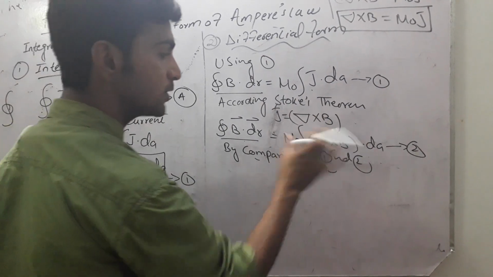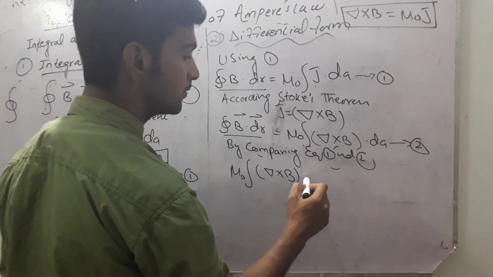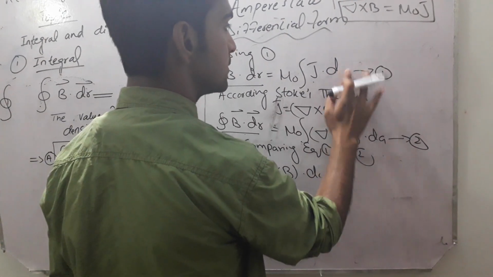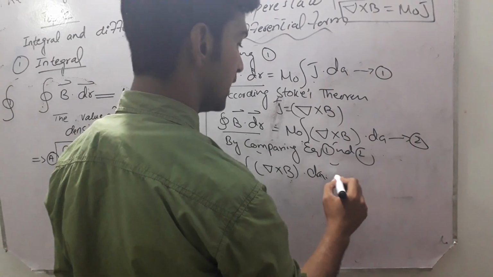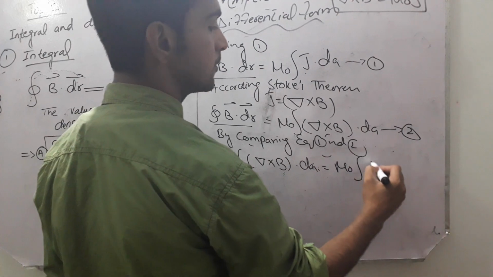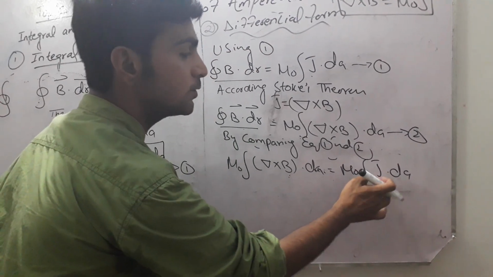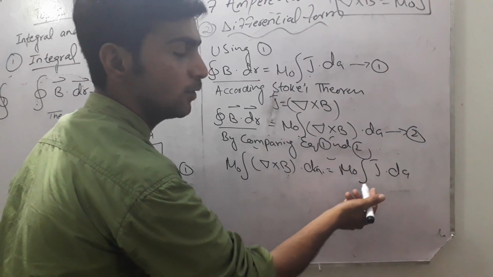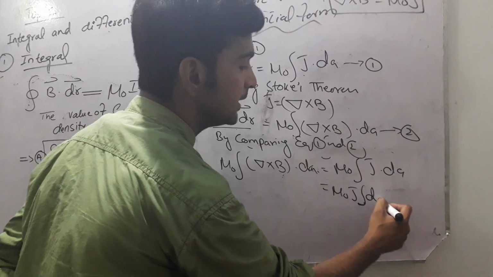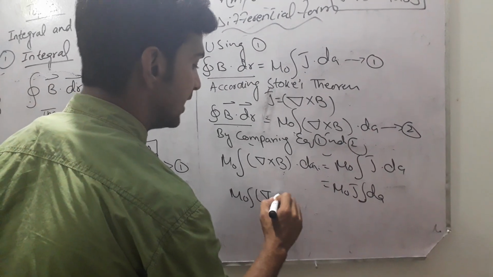The right hand side of equation number 2 is mu naught del cross B dot dA, and the right hand side of equation number 1 is mu naught j dot dA. So guys, mu naught is a constant value, and we are going to write it outside the sign of integral. So here mu naught j integral of dA, and that is mu naught del cross B.